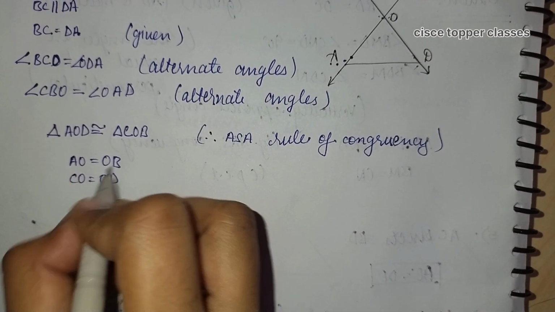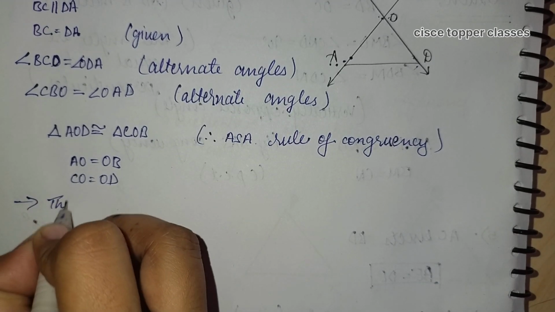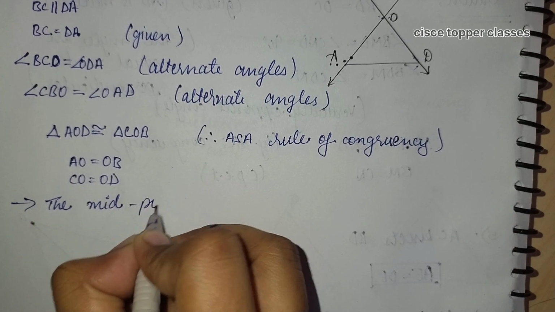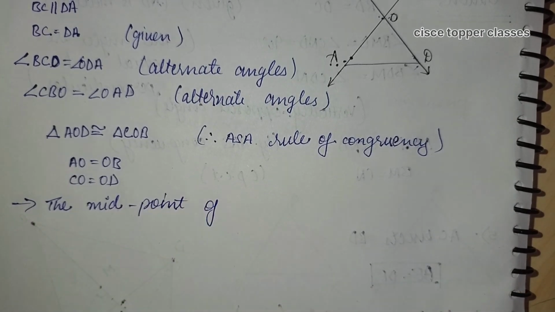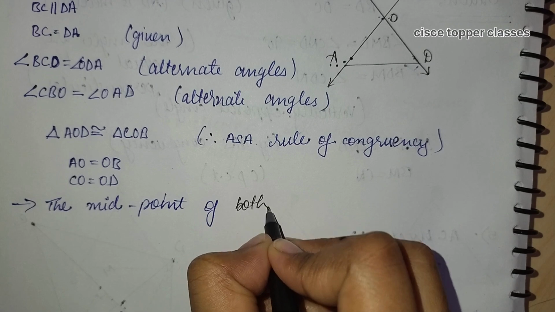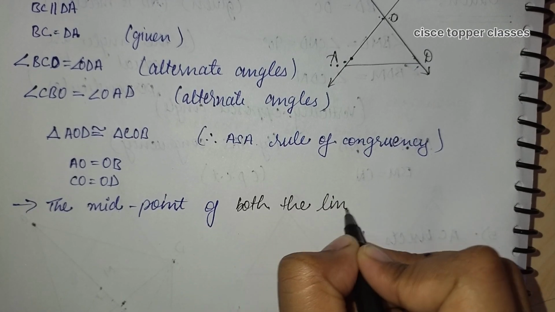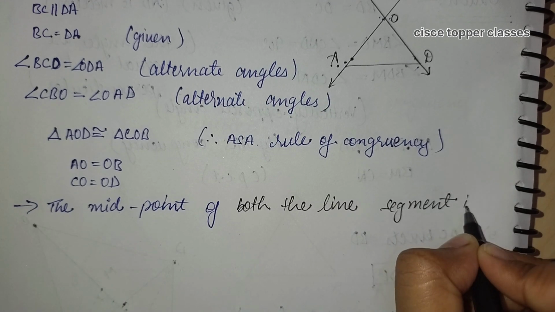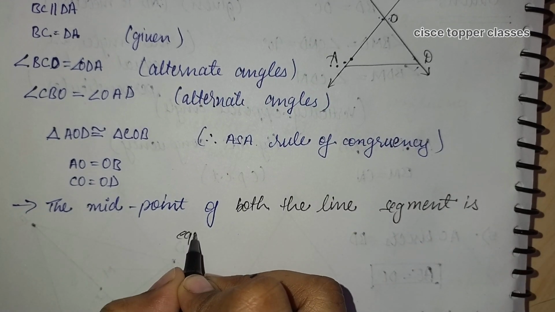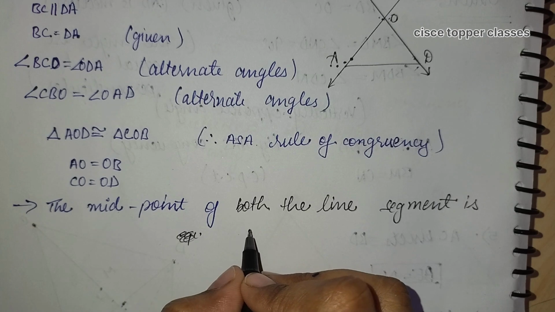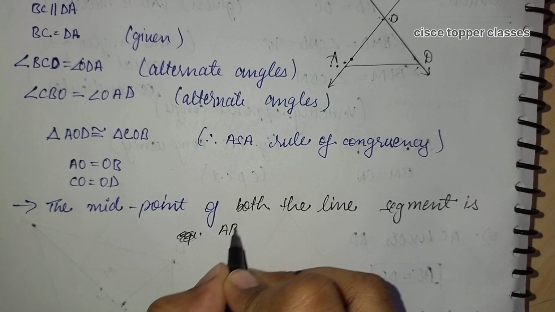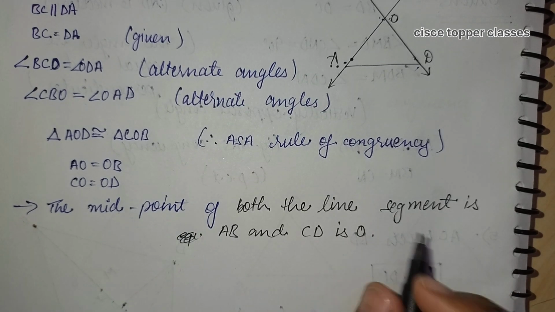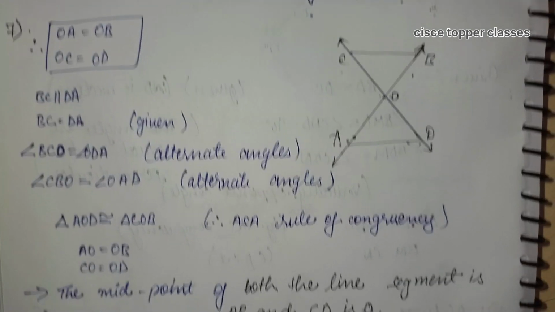And if these are equal, we can write that O is the midpoint of both the line segments AB and CD. So this is the thing which we have to prove here in this question.